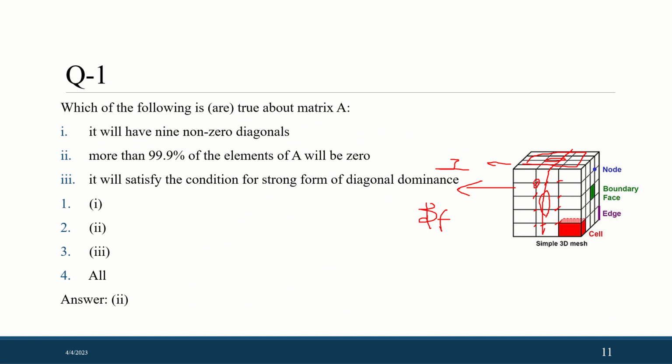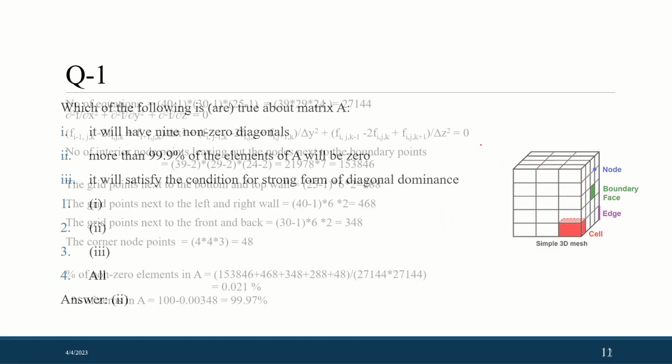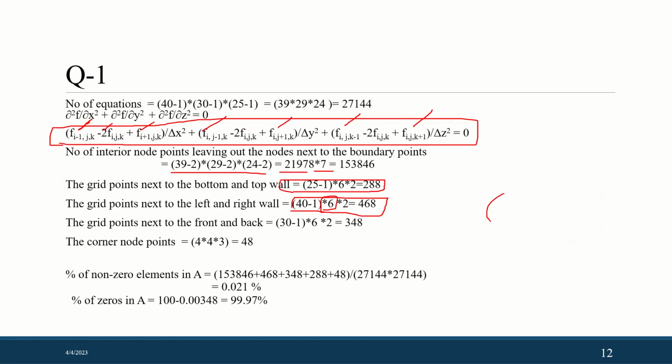So for this point, we know the x value and we know the y value also. So two values are known from the boundaries. So it would again be 7 would be the ideal one.